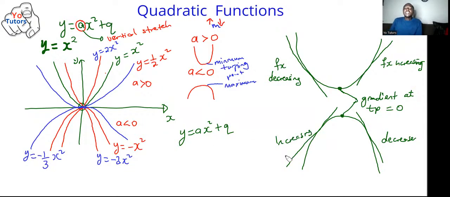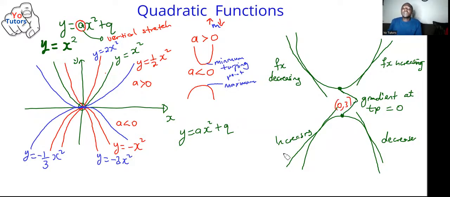Now let's say, for example, the turning point is (0, 3). Let's say it's a turning point. The coordinate there is actually (0, 3).